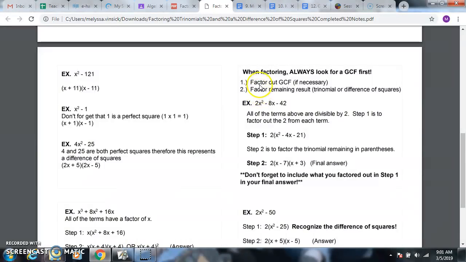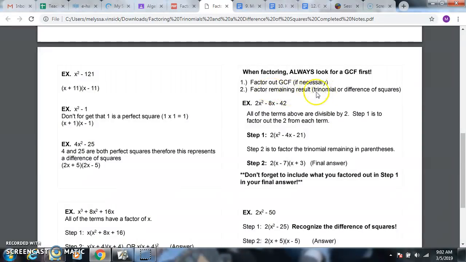Step number 1 is to factor out a GCF first, if it's necessary. Sometimes it will be, sometimes it won't be, but you need to check for a GCF. If this is something other than a 1x squared, you're going to have to look for that GCF. Then, once you factor out that GCF, the remaining piece that's in parentheses, you have to decide, can you factor that further?